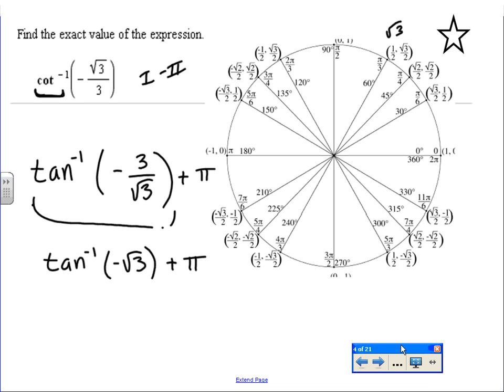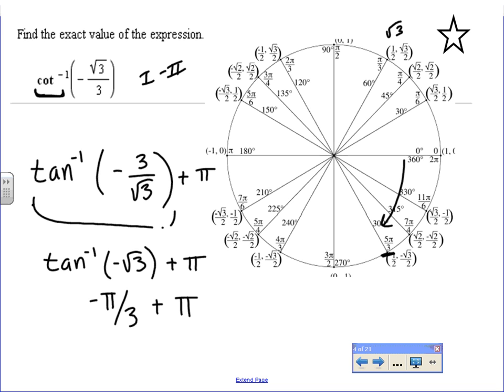So sine over cosine there will give me square root of 3 over 2, and then over cosine, so times 2 over 1. And so that gives you square root of 3. Now, what we're looking for, though, is a negative square root of 3. And so that would be down here at 5 pi over 3, or in terms of a negative angle, since we're doing inverse tangent, that would be negative pi over 3.